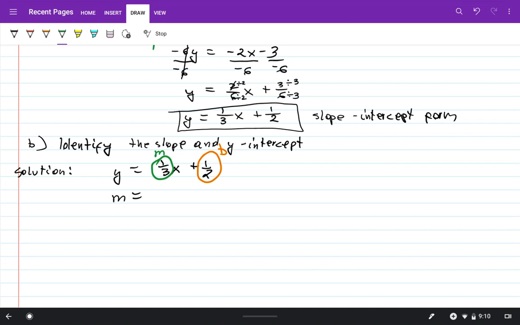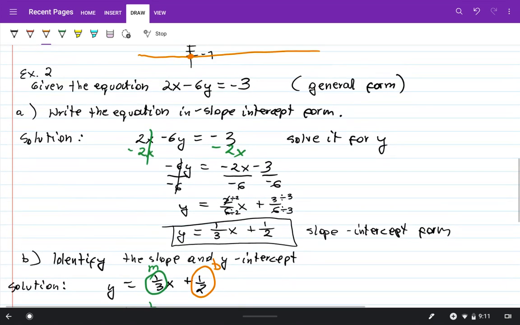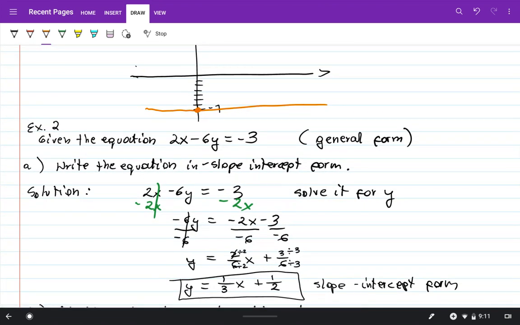So slope is equal to 1/3, positive slope. So we already know that this line goes up. Y-intercept equal to 1/2.